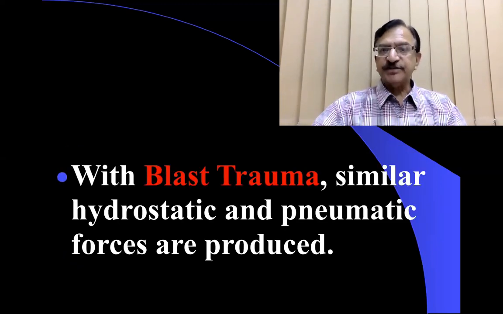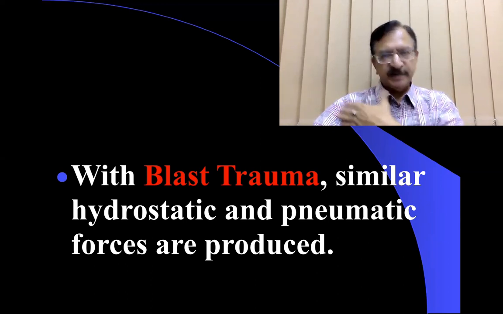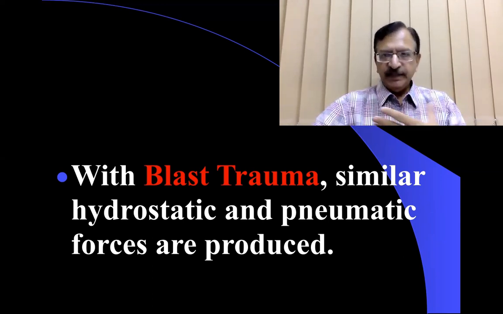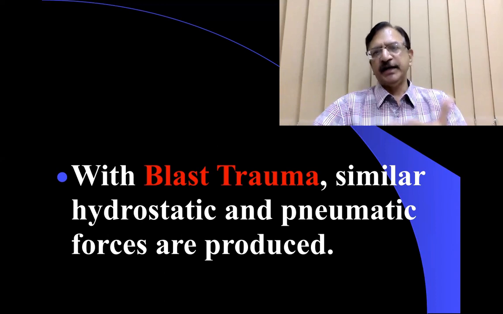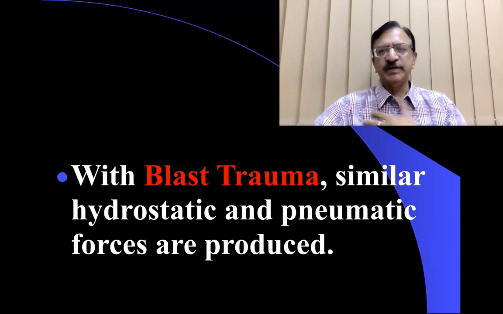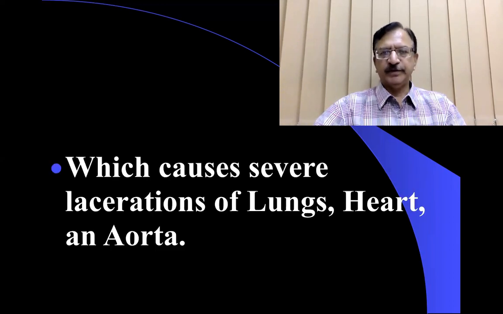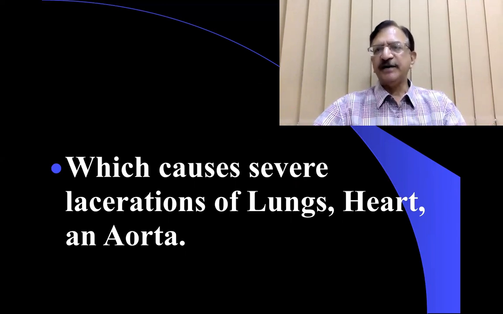With blast trauma, similar hydrostatic and pneumatic forces are produced at the site of blast, and when traveling within the body, they move circumferentially and cause trauma, which causes severe laceration of the lung, heart, and aorta.